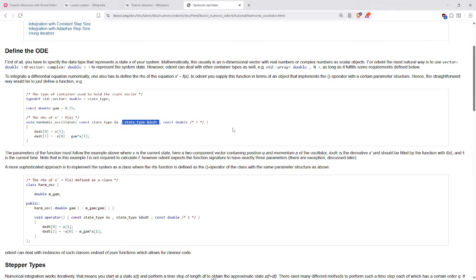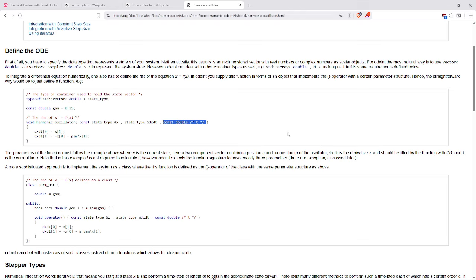You're going to compute the value of the derivative at a time t. So that's why the state type reference dx dt, this is the derivative that we're going to compute, and the value of t at which to compute the derivative.